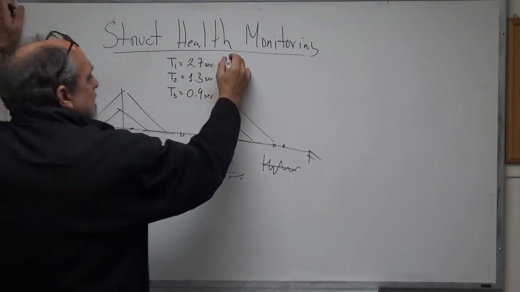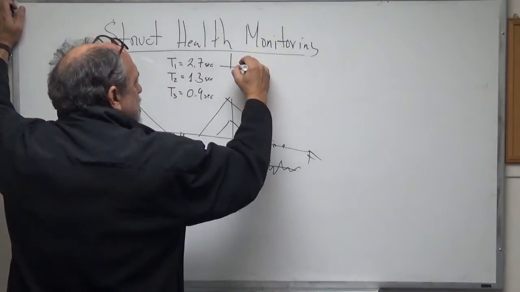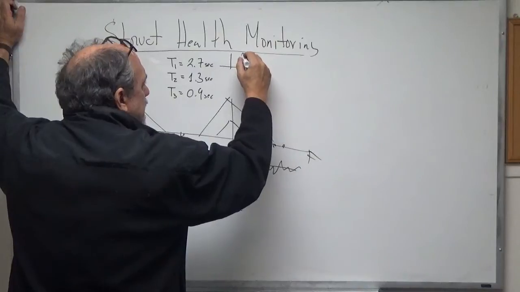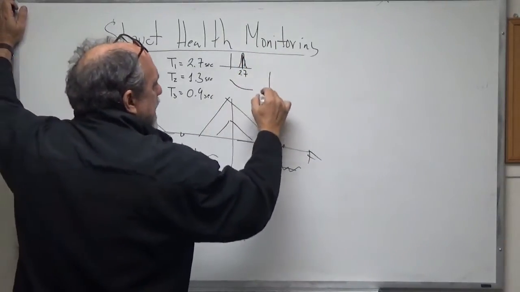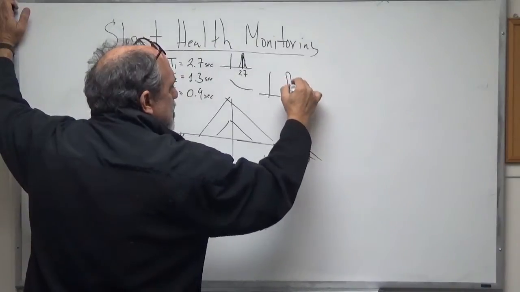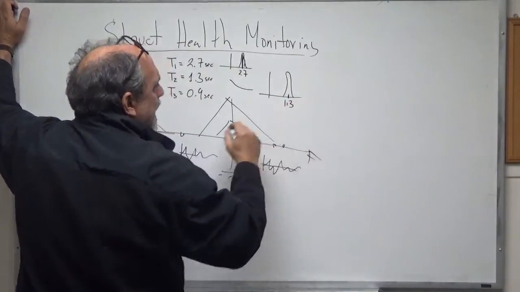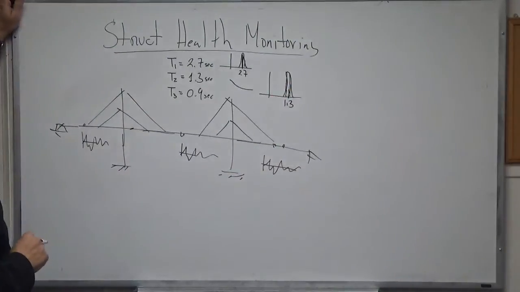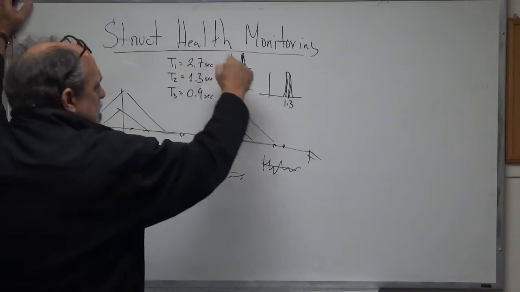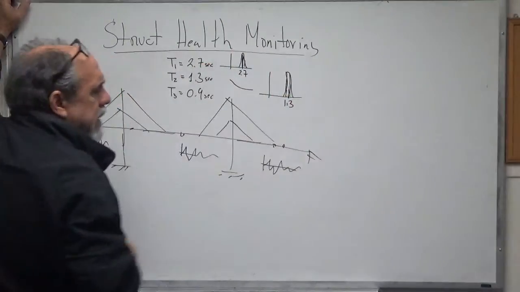So this 2.7 is really a mean of some distribution that we find, right? And this 1.3 is also some sort of a mean of some distribution that we find from measuring this thing in many days and so on. But anyway, we know that when our bridge is healthy, these periods are like this, right?